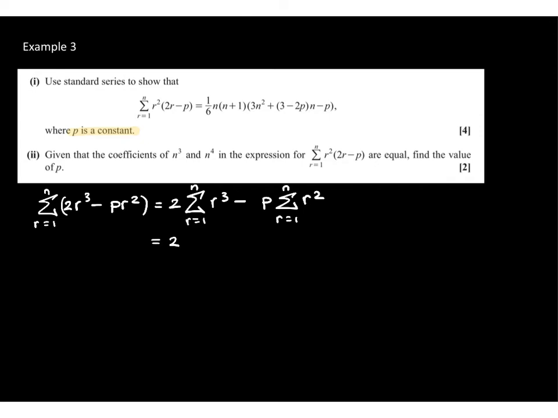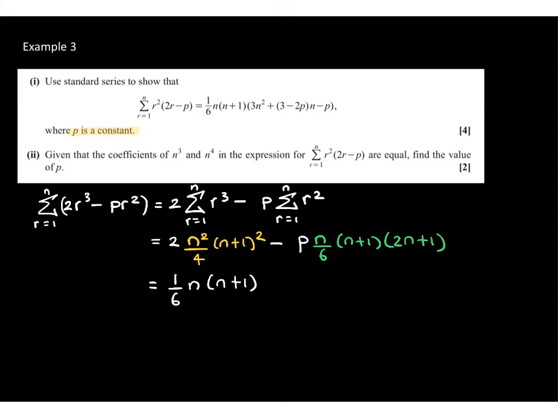So this one here is n squared over 4 n plus 1 all squared, and then we are subtracting from that p multiplied by n over 6 n plus 1 to n plus 1. Now, we then need to factorise it, so this is in the correct format up over here. So I'm going to take out a factor of 1/6, a factor of n, and a factor of n plus 1. Put in some square brackets here for clarity.